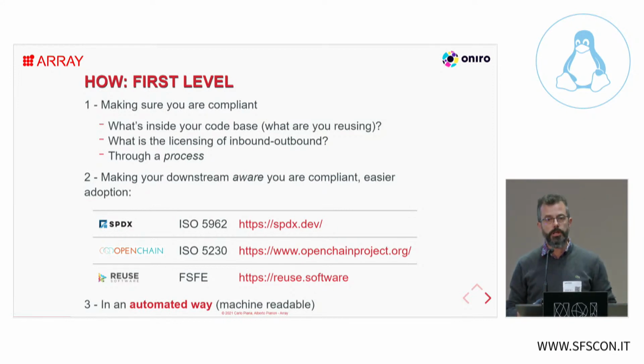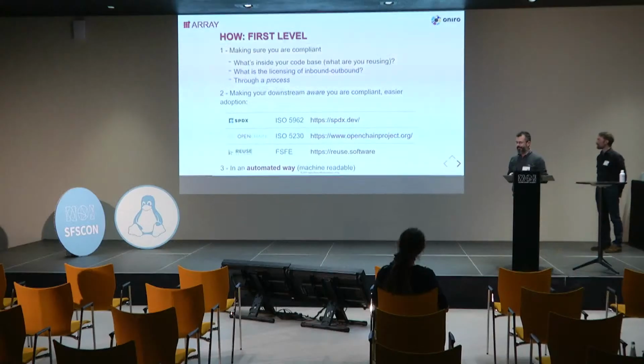OpenChain is a magic word for a standard dictating how an organization should organize its compliance, internally and externally. And of course, REUSE. We have just now listened to the presentation of the Free Software Foundation Europe. That's very important. And you want it to be, I cannot stress it enough, machine readable, something that computers rather than human beings are able to process and deliver.